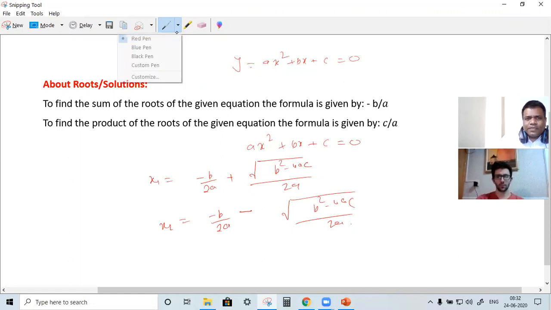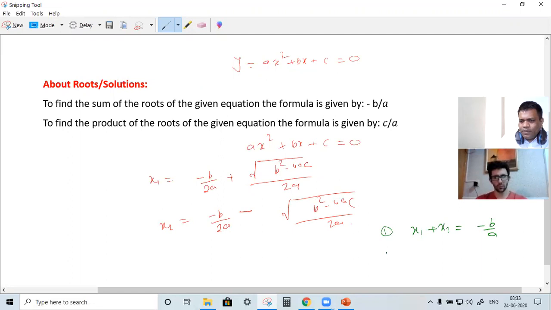So there are two special cases. Number one, the sum of roots is minus b by a. Number two, the product of roots is c by a. It means if you add these two, you'll get this one, and if you multiply these two, you'll get this one.